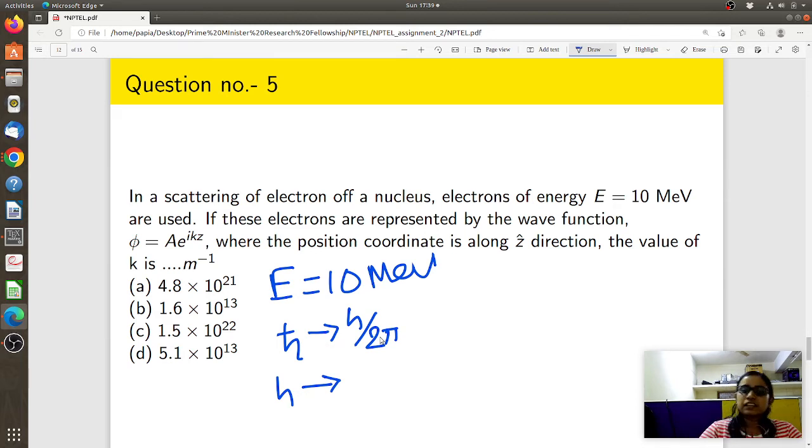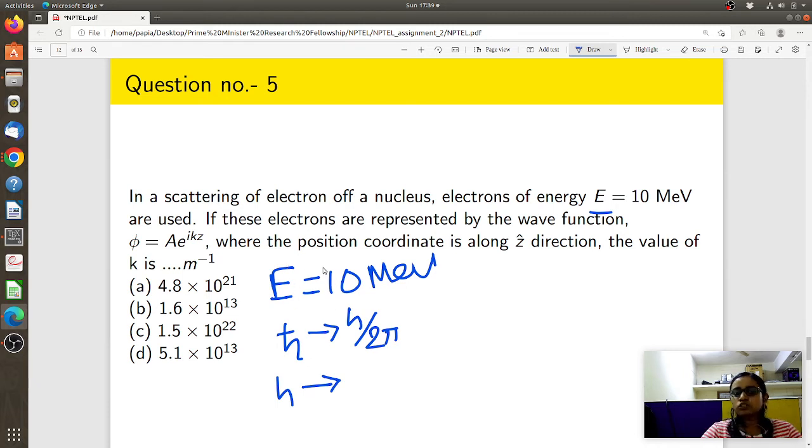So basically what is given here is E, and they are saying that electrons of energy E are used in the scattering off a nucleus, and if these electrons are represented by a wave function, that means if we are assuming that electrons have a wave nature with the wave function phi equals to e to the power i k z, then what will be the value of k? K is basically nothing but the momentum.